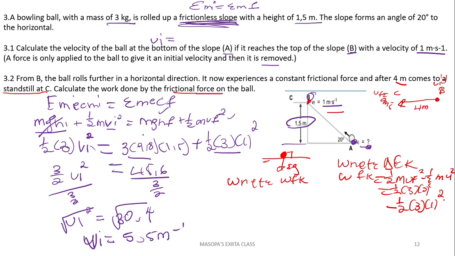This you will get 0 because you multiply everything by 0. And then here, because it's minus, you get minus 1.5 meters, now remember it's joules. So the work done by Fk is negative 1.5 joules. That is the work done by the frictional force.